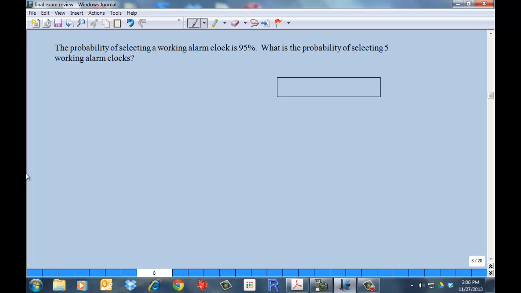So that means if you select a working alarm clock and you get one that works, that does not change the probability that if you select another alarm clock that it's going to work or not work. So these are all independent events, and that's the idea here.